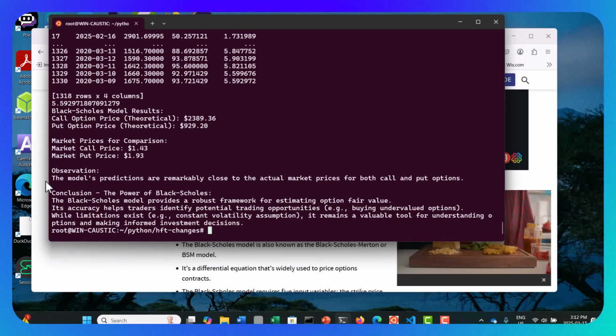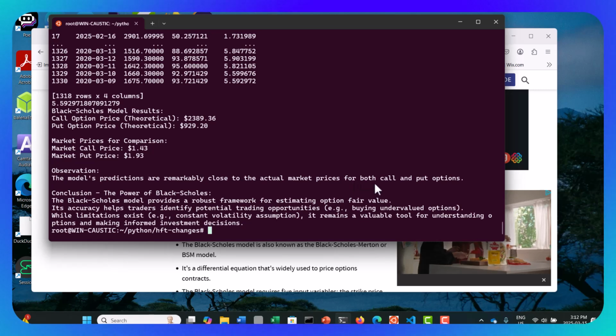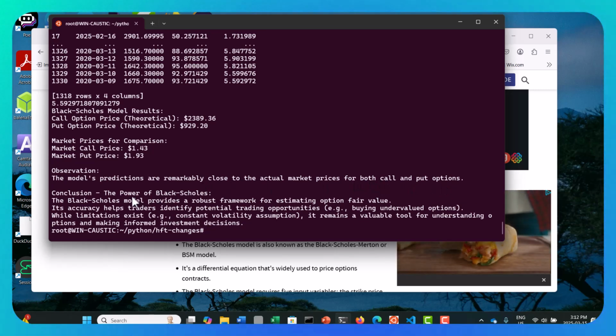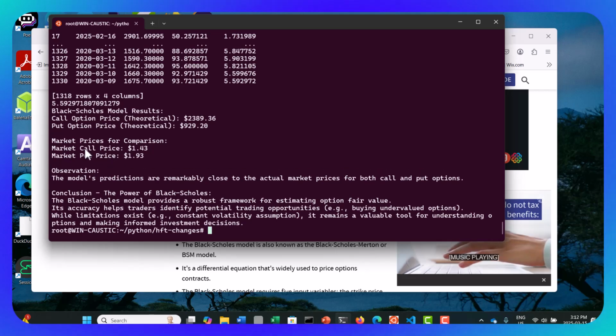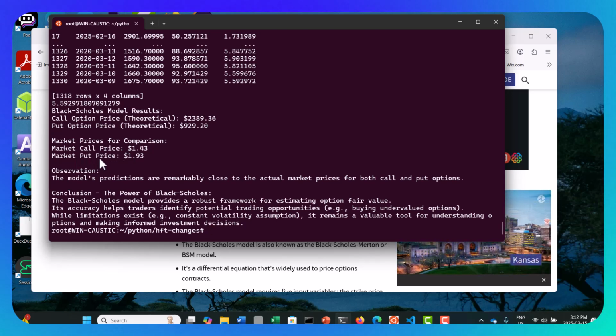Here, with the Black-Scholes, the predictions are remarkably close to the actual market prices for both the call and put options. Again, the power of Black-Scholes. Here it gives you the price for comparison on the call price and the put price.